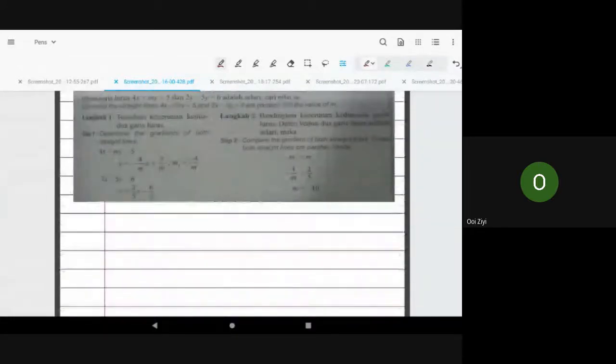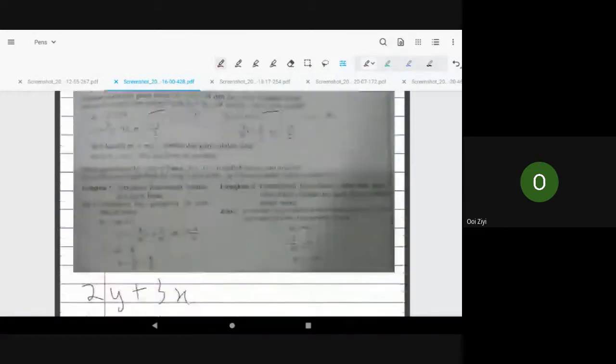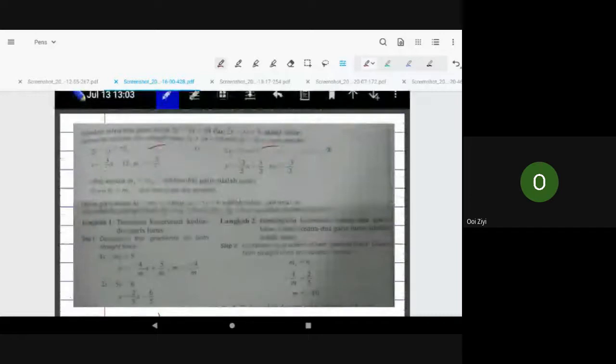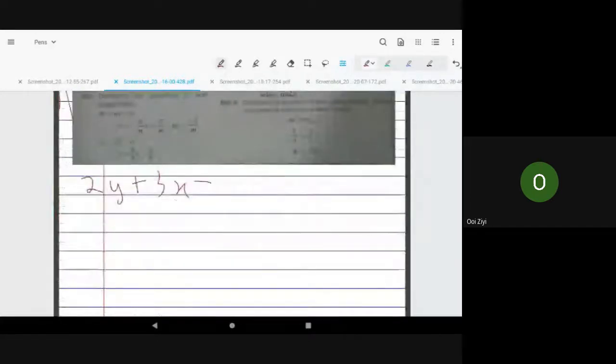So we have the equation 2y plus 3x equals 24, and we change it into the form y equals mx plus c.